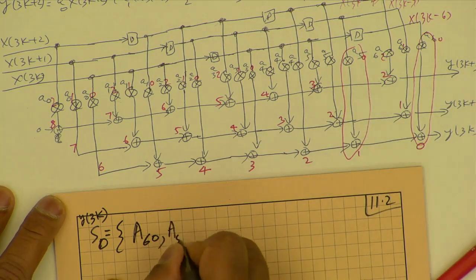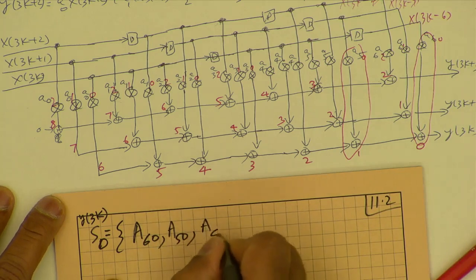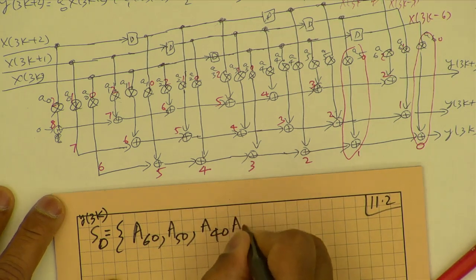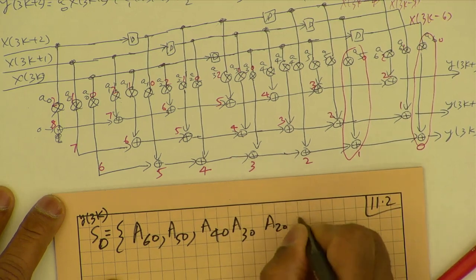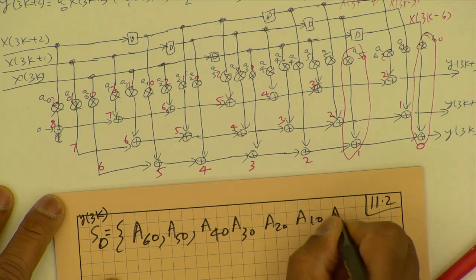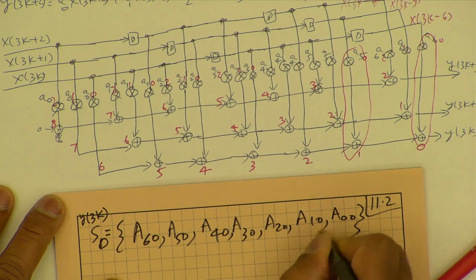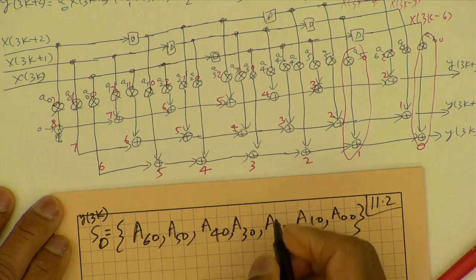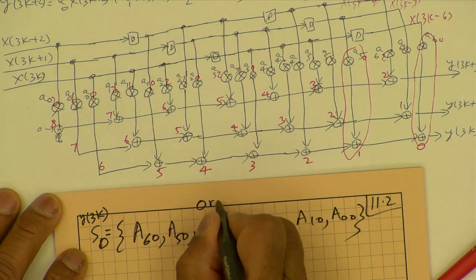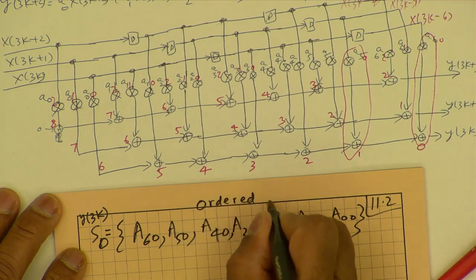So A60, A50, and so on, 40, 30, 20, 10, 00. And that's what is called a folding set. And when I define a folding set, that's actually an ordered set. And we will see what that word means.